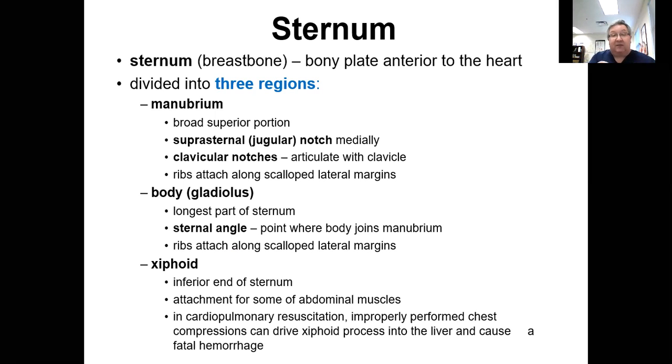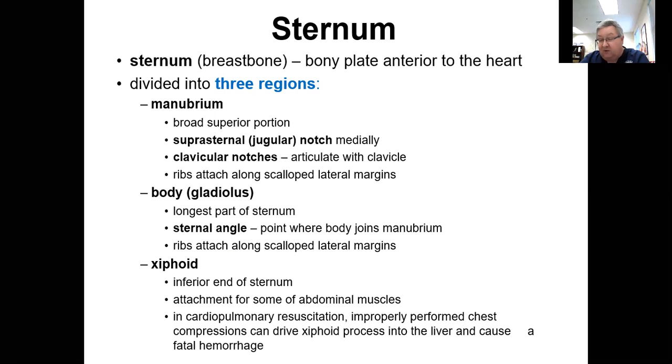Now, the sternum itself also has muscular attachments. Remember that the pectoralis major, pec major, has its origin all along the body of the sternum. And the other muscle is the sternocleidomastoid. Again, sterno is in the name.